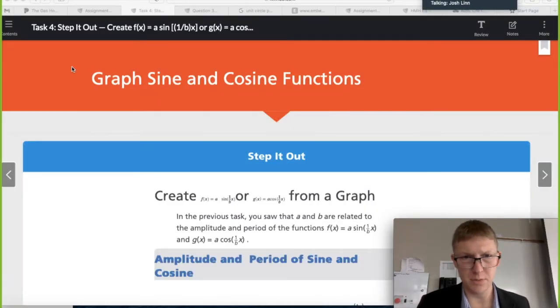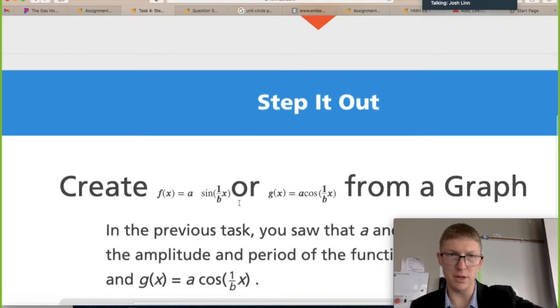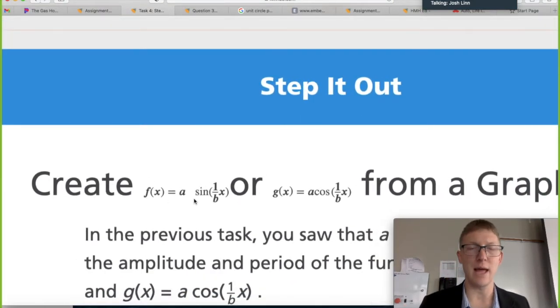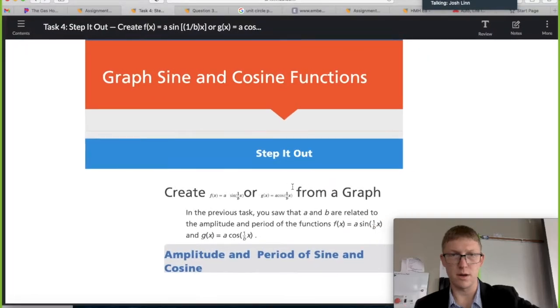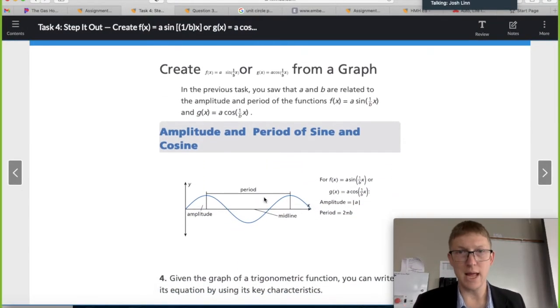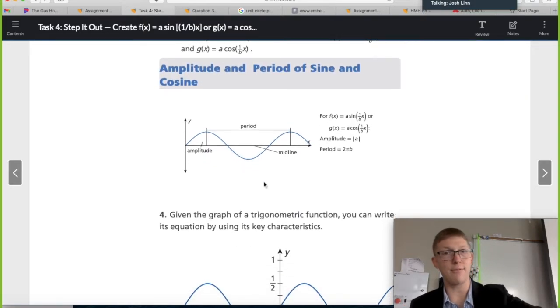All right, so here's where they're going to give us the specific equations that we might be using. So again, create f of x equals a sine of 1/b over x, or g of x equals a cosine of 1/b from a graph. So again, this is our super useful graphic.